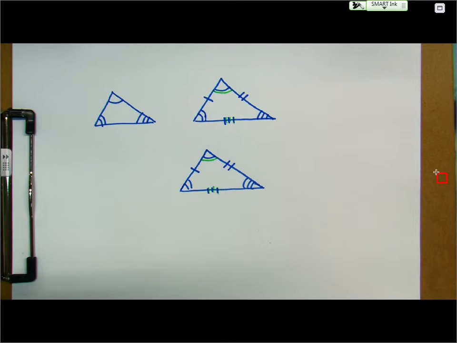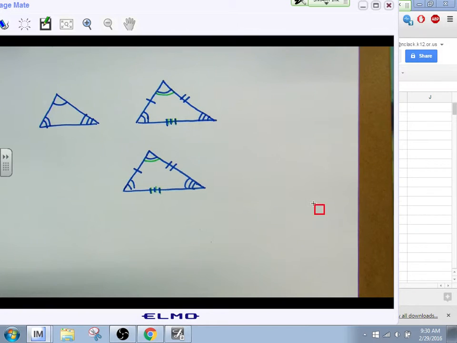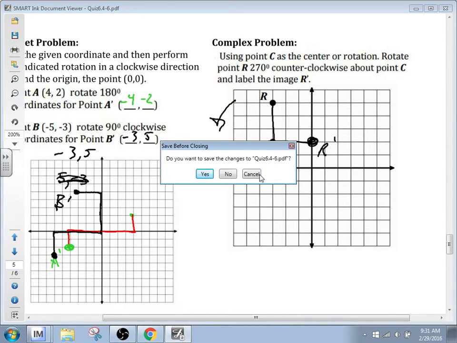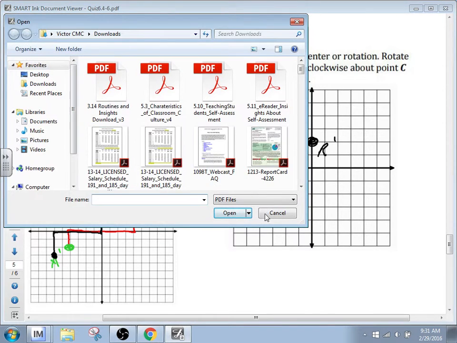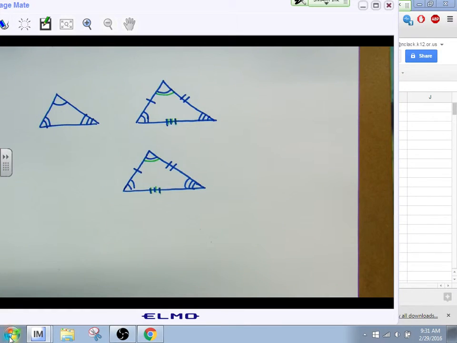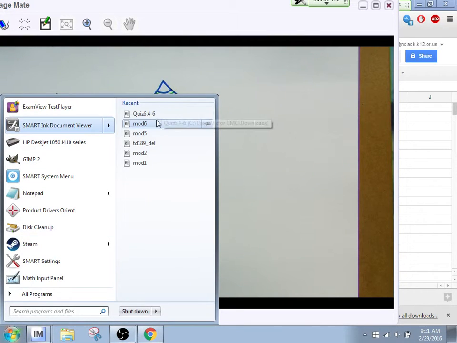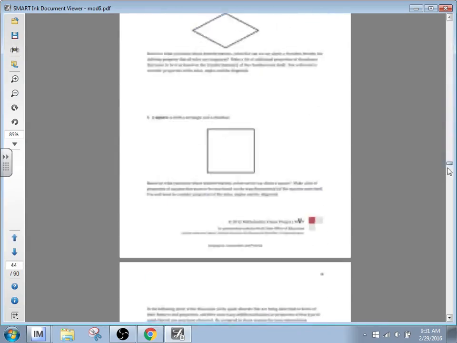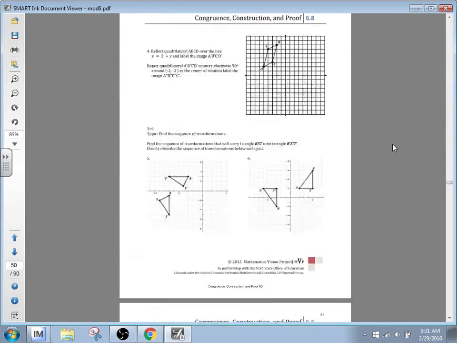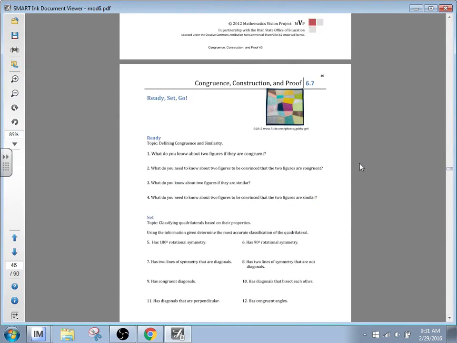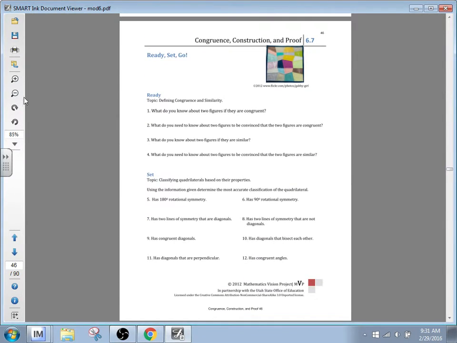When you guys are looking at the homework for today, it's going to be asking us a couple of things.